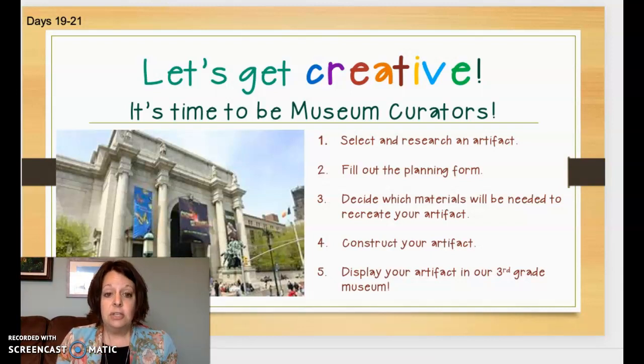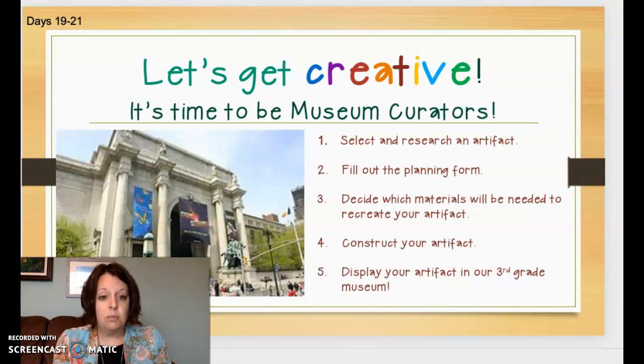All right, so you'll notice that it says decide which materials are needed to recreate your artifact. Now, just like I saw people's science instruments, it's a really good idea to look in the recycle bin for things.